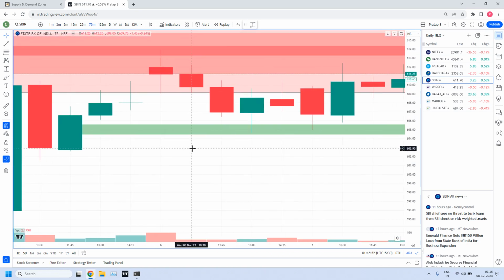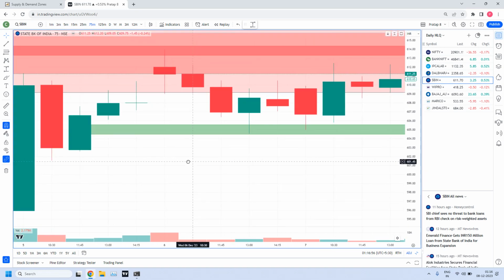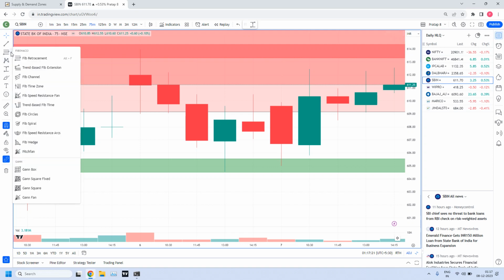How to identify it? Just expand, zoom this, you will get clarity. See here you have a candle that looks like a base candle. This candle is also looking like a base candle because it does not have a good body. Now there is a gap. From here you just add the body. Let me show you.